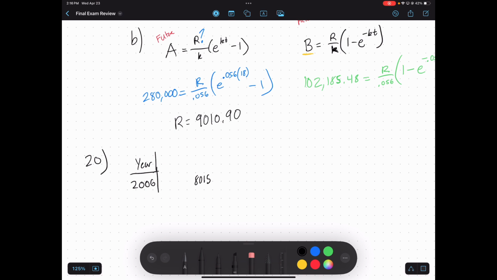So that's the reserves of natural gas. So I'm going to just use an A for amount. Okay. And it does mention that 2006 is going to be my baseline, so that t value is just going to be represented by 0. So that represents t equals 0.